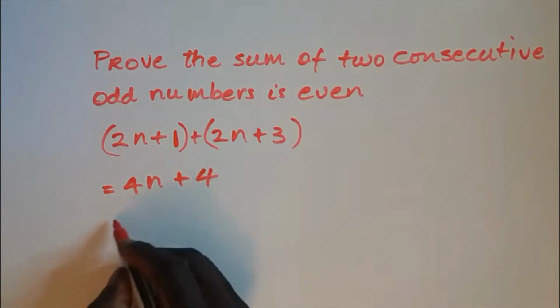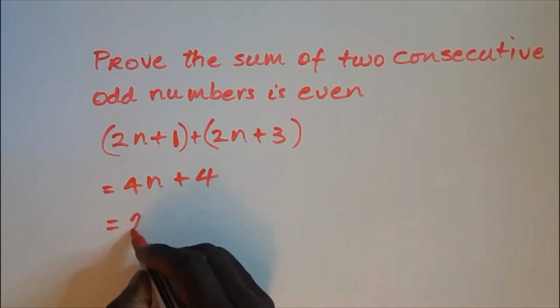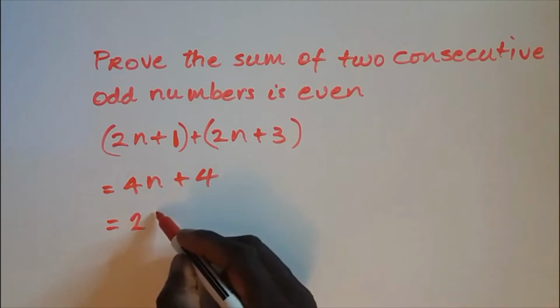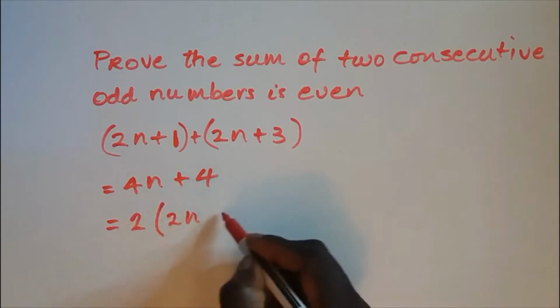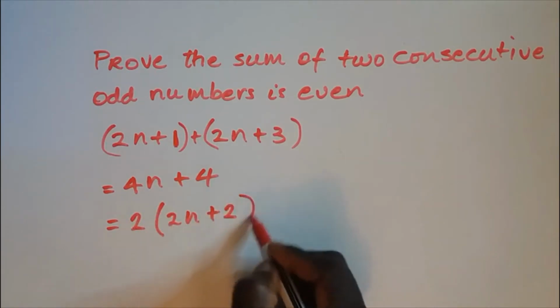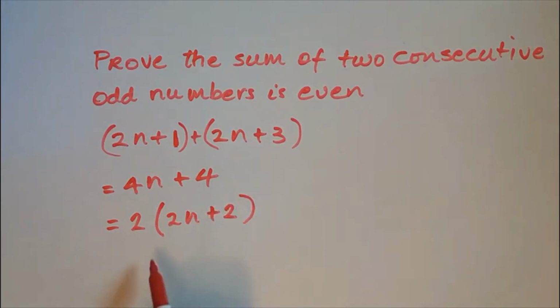To show that this is even, we factorize by 2 to give us 2n add 2. This indicates that this expression will always be even because it's multiplied by 2. And this finally proves the sum of two consecutive odd numbers is even.